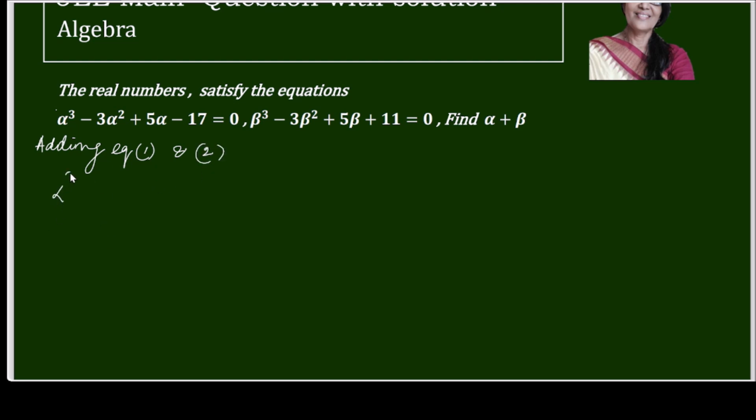We get alpha cube plus beta cube minus 3 alpha square minus 3 beta square plus 5 alpha plus 5 beta minus 17 plus 11 equals 0.